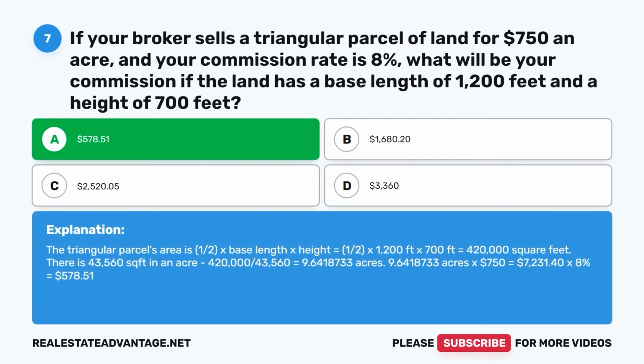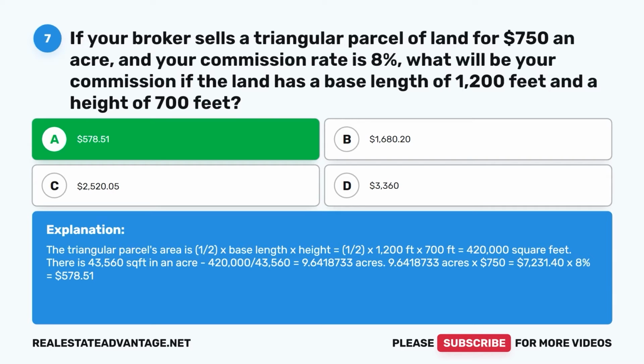$578.51. The triangular parcel's area is 1/2 times base length times height, which equals 1/2 times 1,200 feet times 700 feet, equals 420,000 square feet.